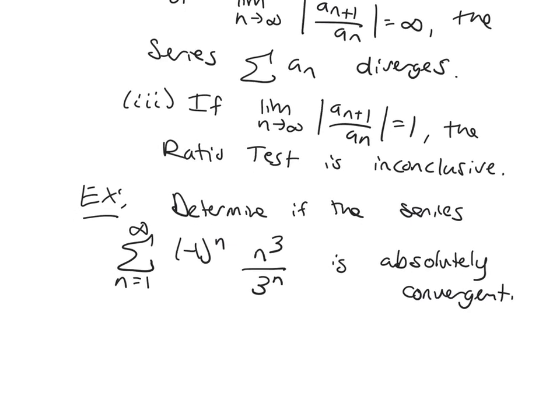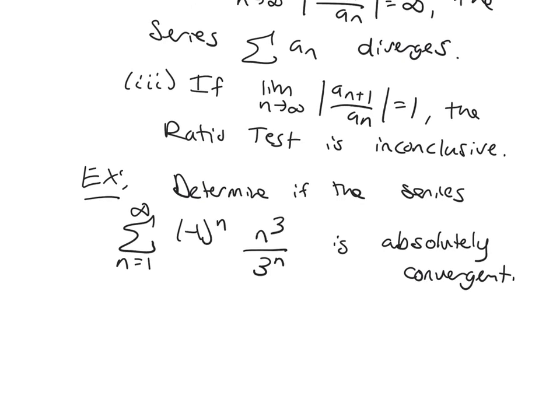So here you could go with the definition like we did on the first 2 problems. I take absolute values and test my new series for convergence or divergence, but you could also use the ratio test. So let's do that.